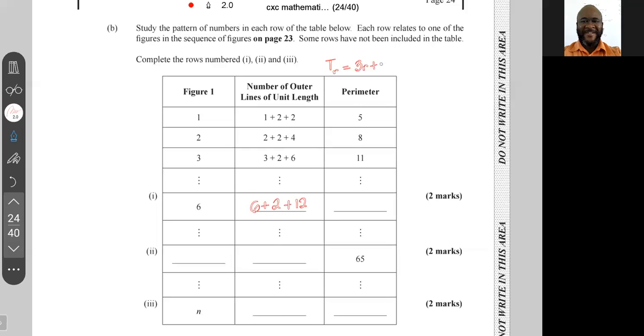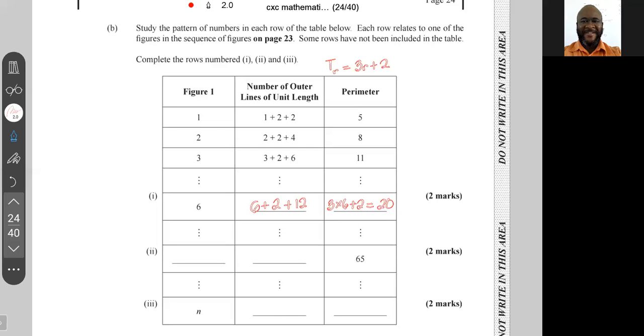So if R is 6, this is going to be 3 times 6 plus 2. So this would be 20. All right, that's what I'm seeing. Or it looks like just by adding the numbers over to the left, 6 plus 2 plus 12, you would get the 20. So you probably didn't have to go through this fanciness.